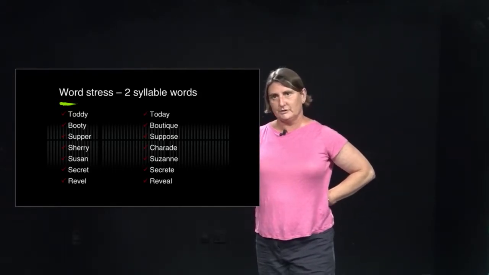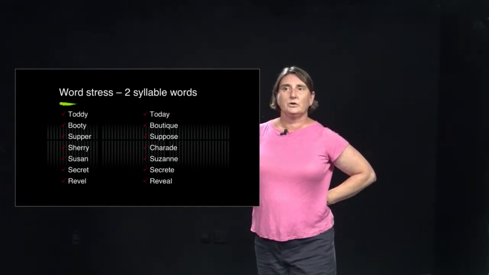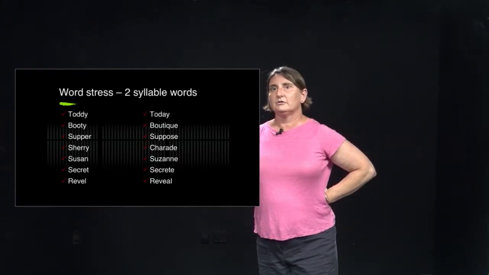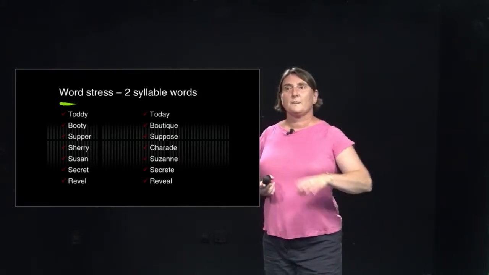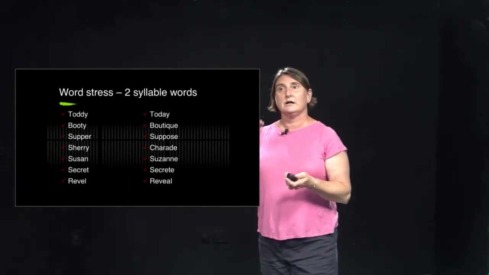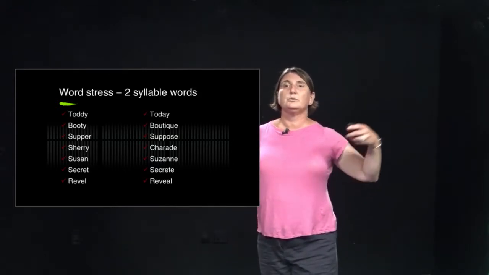First column has first syllable stress, second column has second syllable stress. Booty, boutique, supper, suppose, sherry, charade, Susan, Suzanne, secret, secrete, revel, reveal. Okay, so we've got two different possibilities. Toddy, today. Okay, booty, boutique.